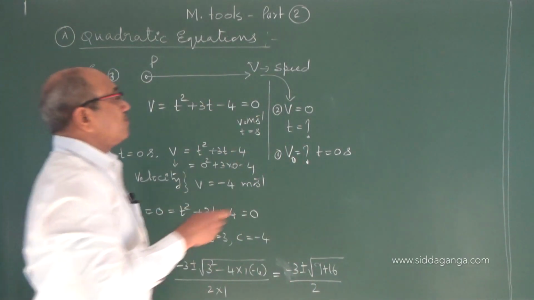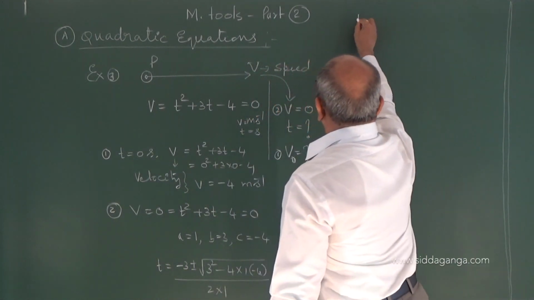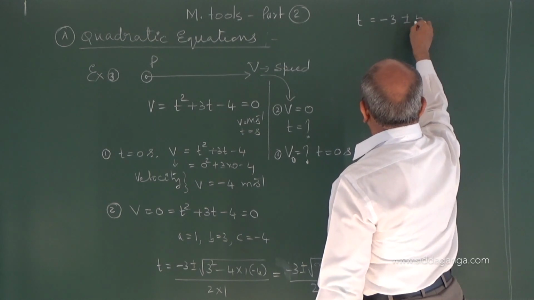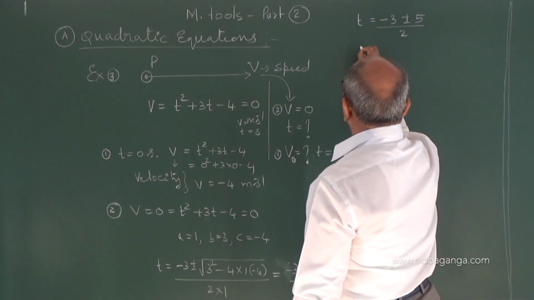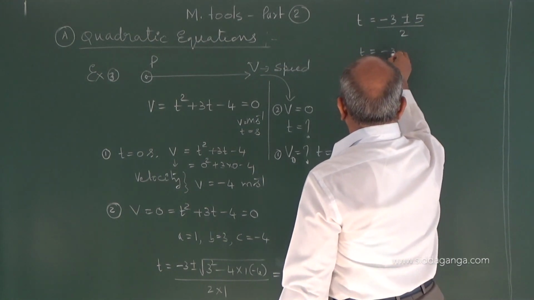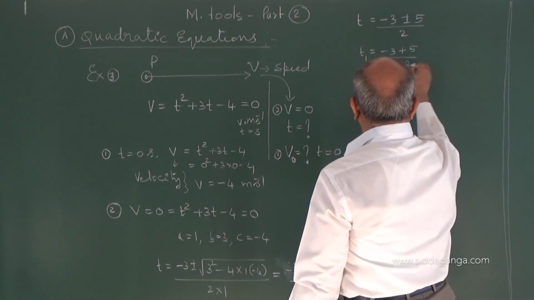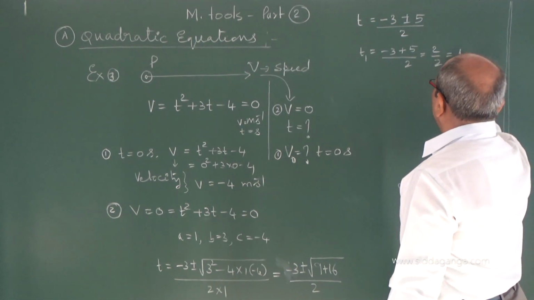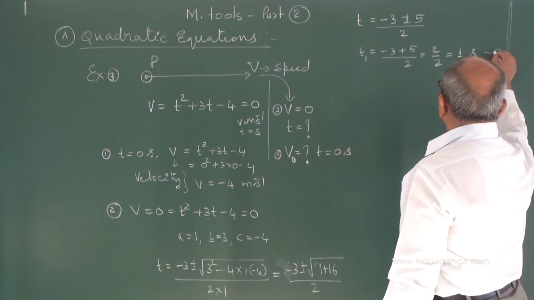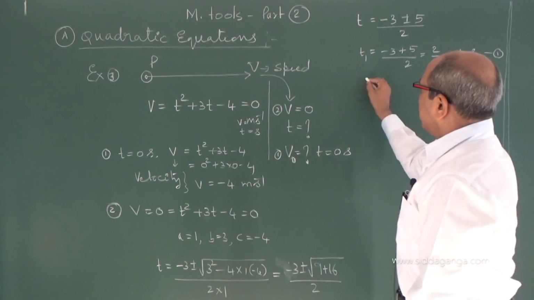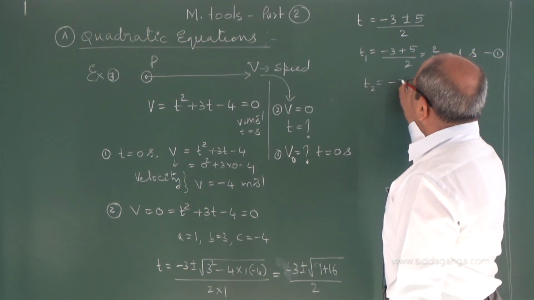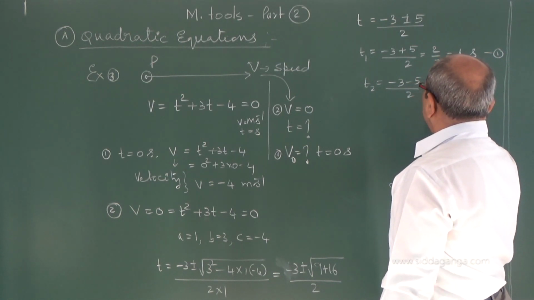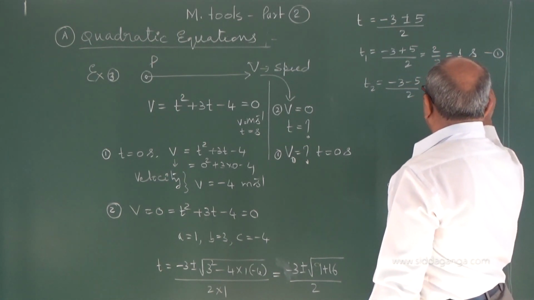That becomes 5. When I come to the root, minus 3 plus or minus 5 divided by 2. If you go for one, minus 3 plus 5 by 2, minus 3 plus 5 is 2, by 2 is equal to 1 second, that is one answer. The second option is minus 3 minus 5 by 2, minus 8 by 2, which is equal to minus 4 second.